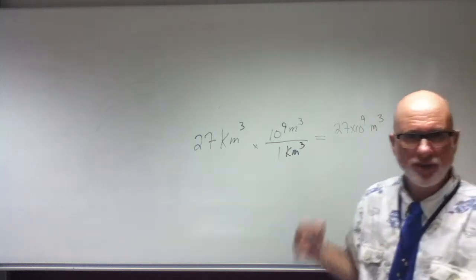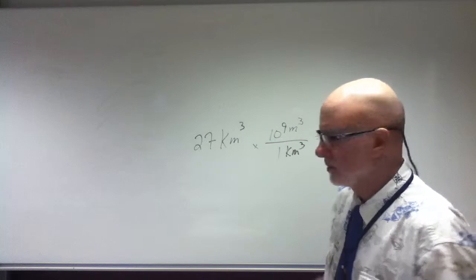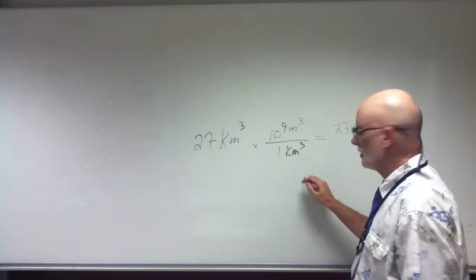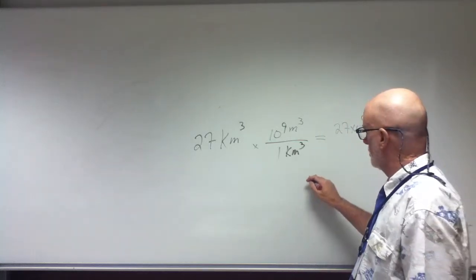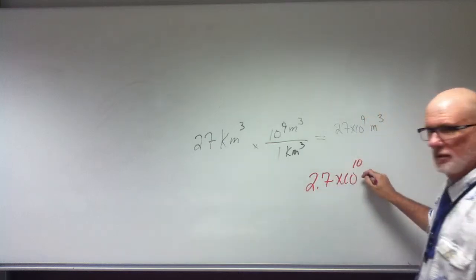Is that scientific notation? No, it's base 10 notation, but it's not scientific notation. How many significant figures can be to the left of the decimal point? One. So what's the answer? 2.7 times 10 to the power of 10. Well done.